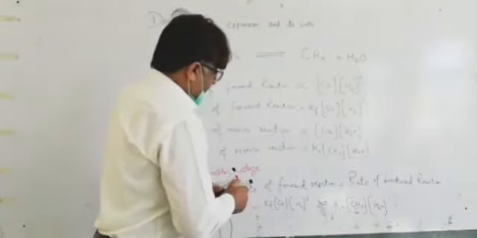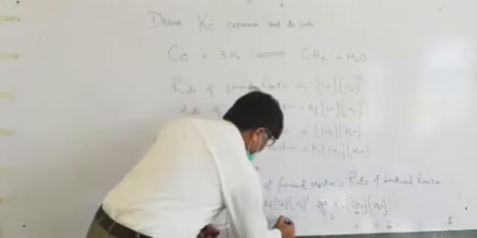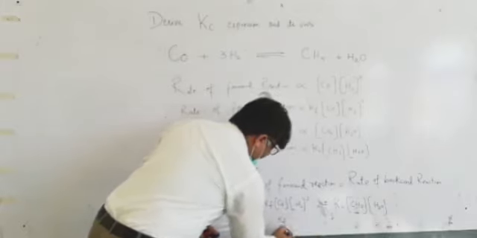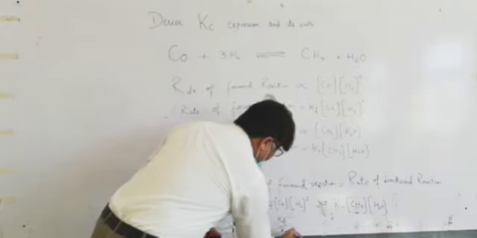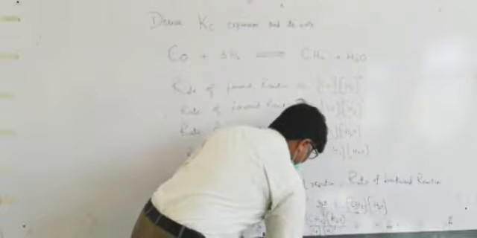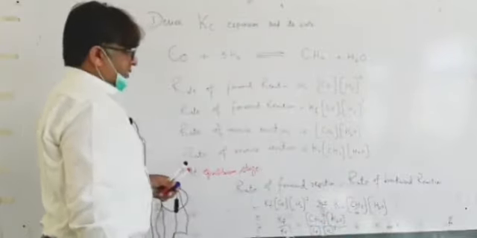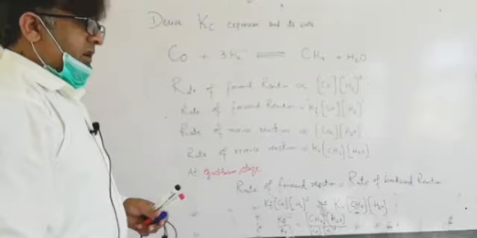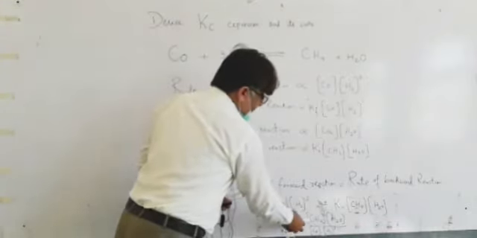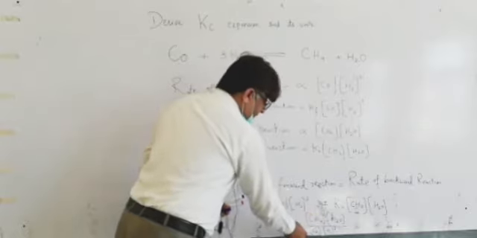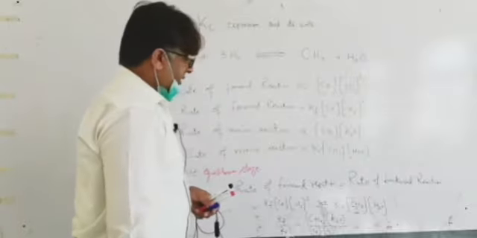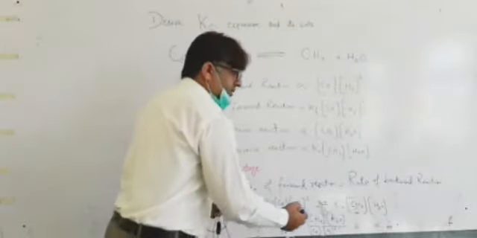You can write this equation in this form also. Kf, when the rate of reverse comes to that side, over Kr is the ratio between the product of concentrations of products and the product of concentrations of reactants, which is equal to Kc.